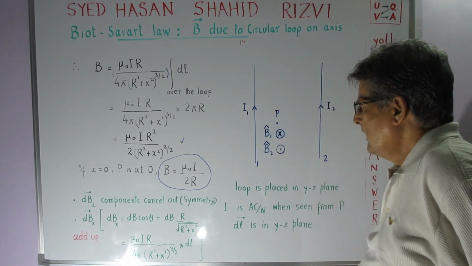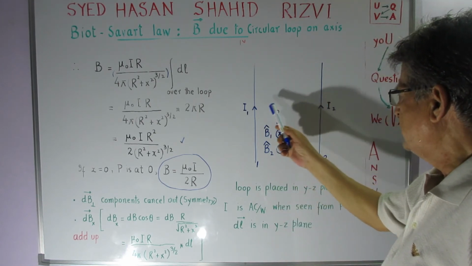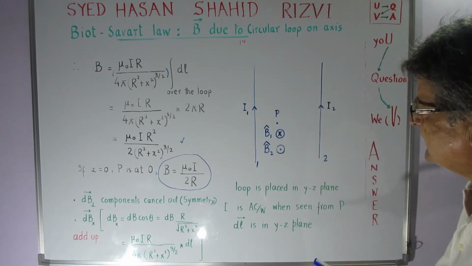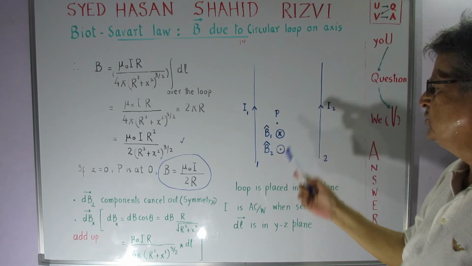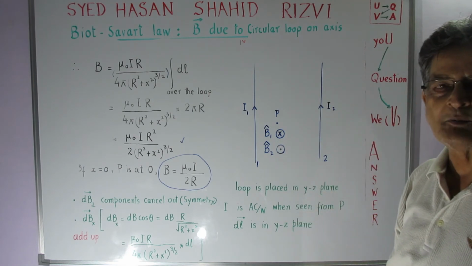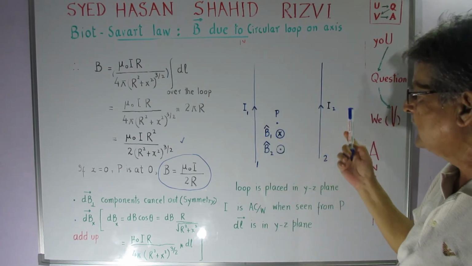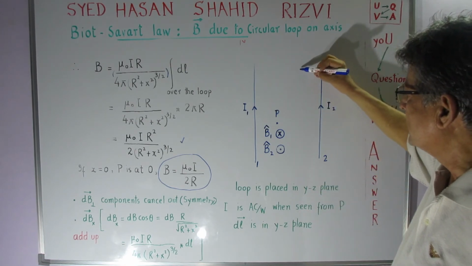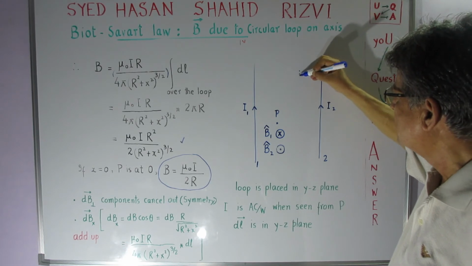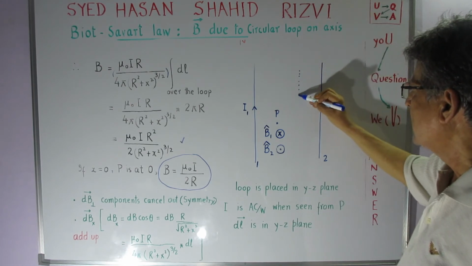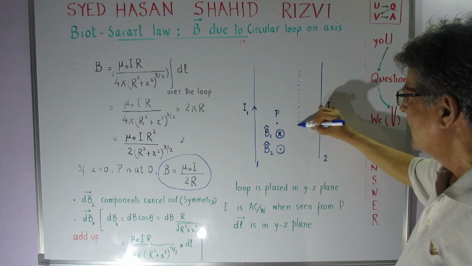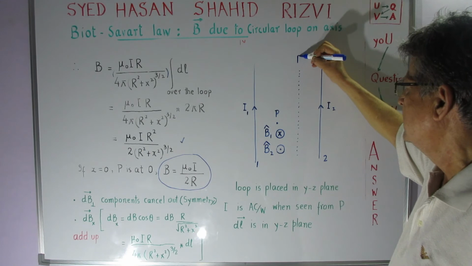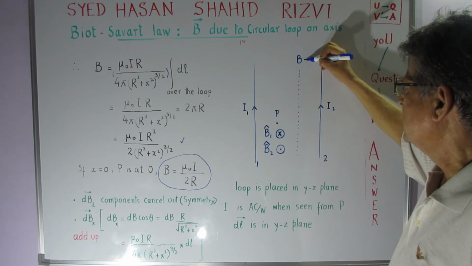Now when we map the points over here, at some points the magnitude of B1 will be more than the magnitude of B2, depending upon the values of I1 and I2. But there will be a set of points, which can be represented again by a line, wherein the value of B will be equal to 0.